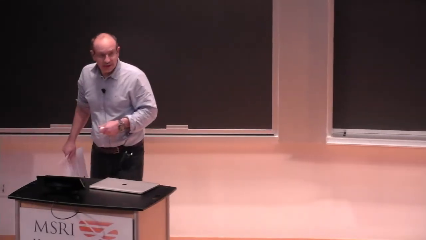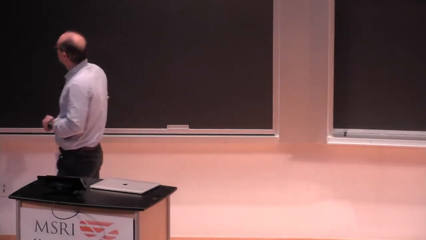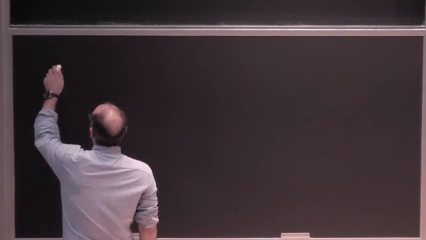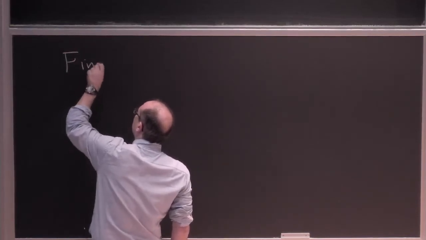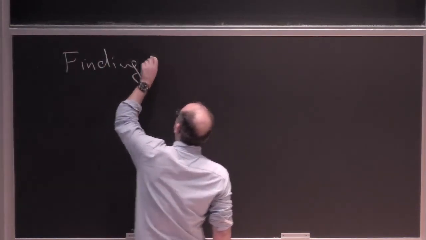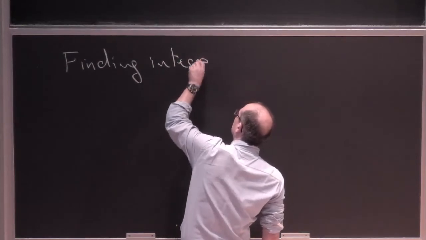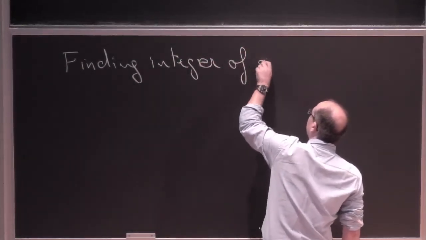So what is analytic number theory about? I would say it's about finding integers of a special shape.